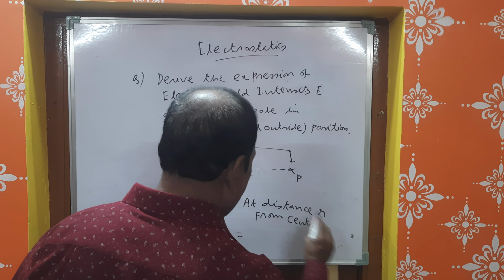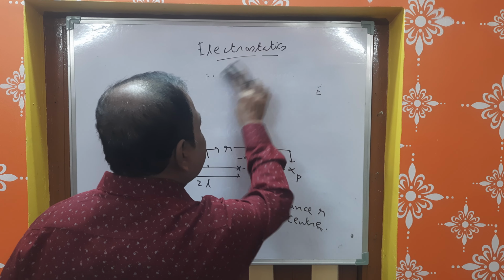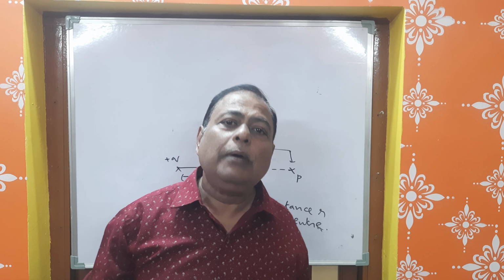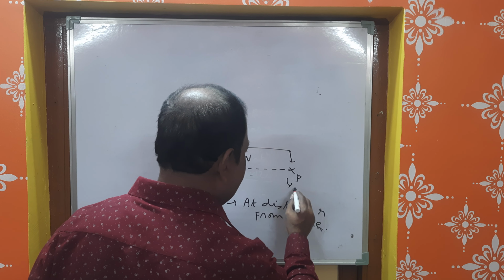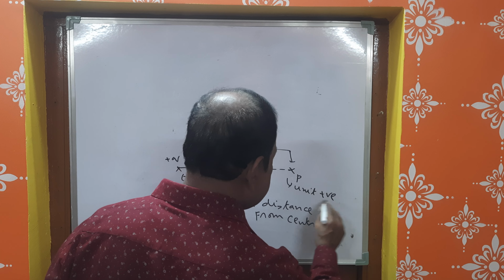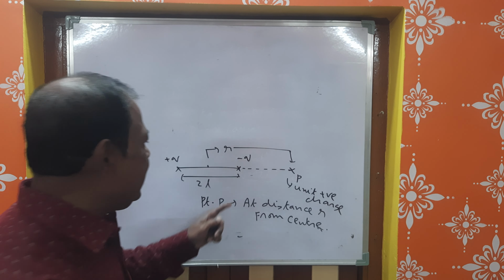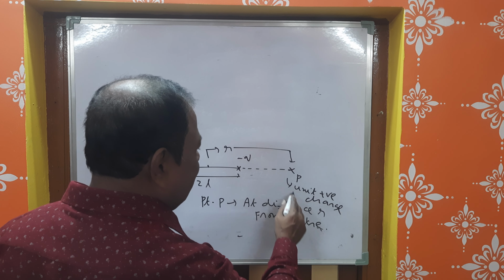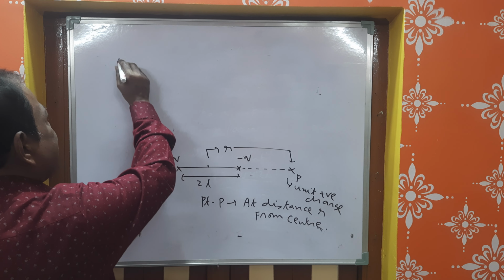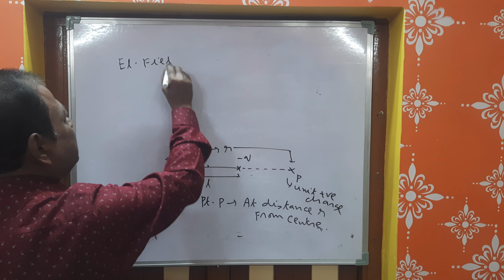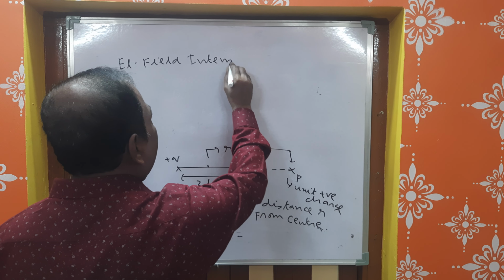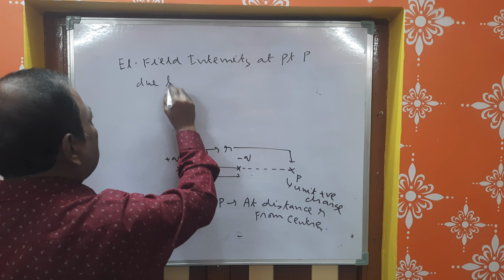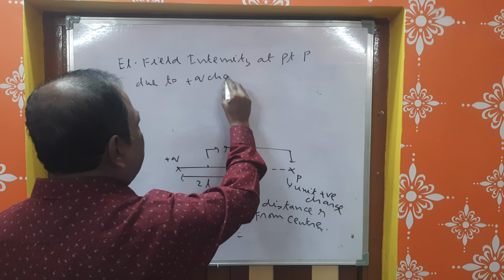Now, how to find the intensity? I told you already, at point P place a unit positive charge. Suppose I consider the electric field intensity at point P due to the plus q charge.